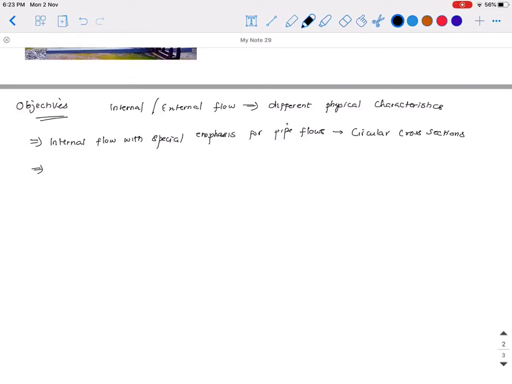The second objective is that we focus on frictional losses, or in other words pressure drop. These terms will become clear by the end of the chapter. This is very important because the pumping power required to move the fluid through these pipes is dependent on the frictional losses. So these two are the broad objectives of this chapter.